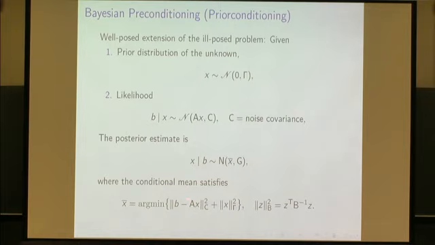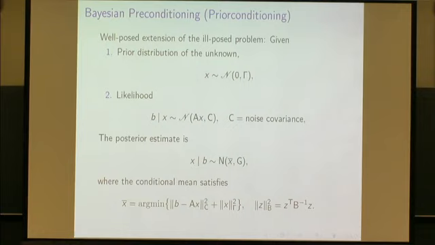So this is the likelihood part, and this is the prior part. If you minimize this, you will get the conditional mean x bar. So here's the minimization problem in a pure Gaussian problem.